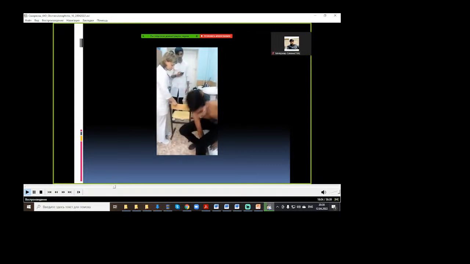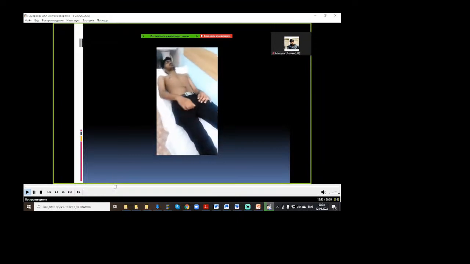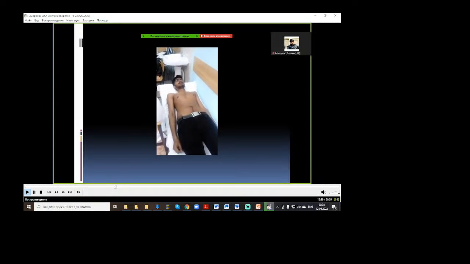After this, you may lay down your patient. The position of the patient is the same. We stand at the right side of the patient, face to face to the patient, and the technique is the same.